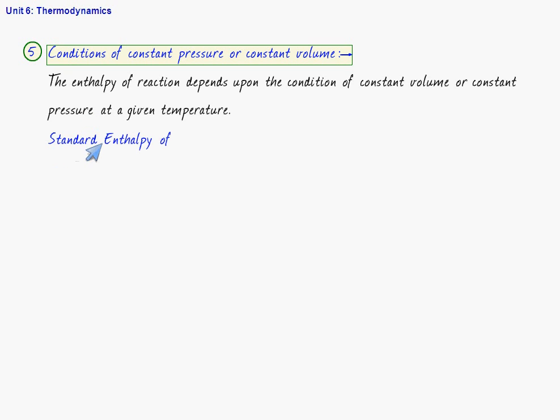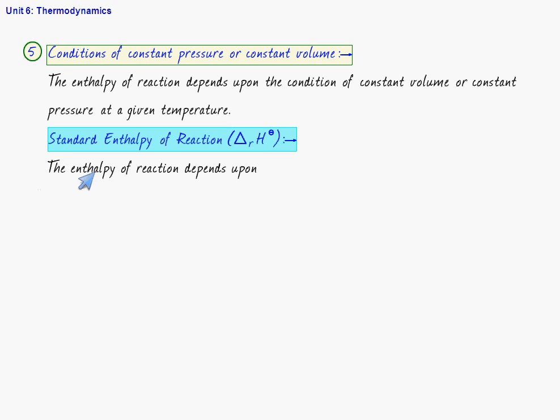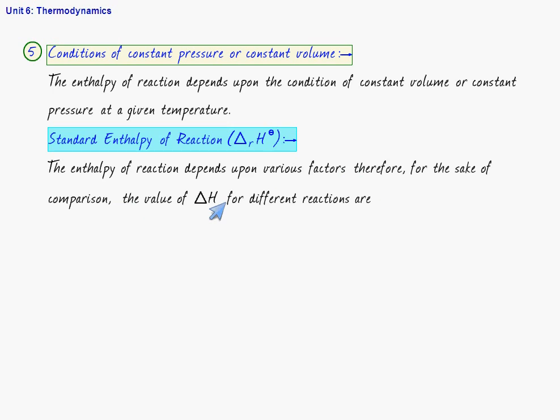This is delta RH naught. Well, you have just understood that the enthalpy of reaction depends upon various factors. Okay. Therefore, for the sake of comparison, the value of delta H for different reactions are expressed at their standard state conditions. Now, what is standard state?